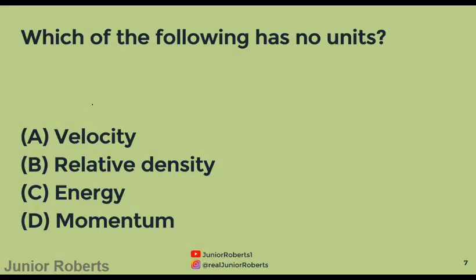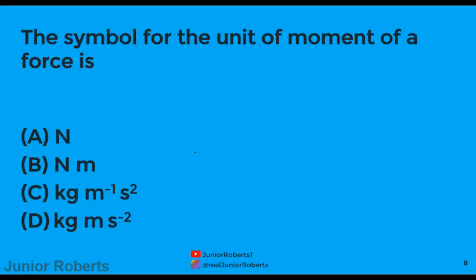Which of the following has no units? Now, we know that velocity has a unit, relative density, we're not sure about that, energy has a unit, and momentum has a unit. So therefore, our answer would be B. So this question here says, the symbol for the unit of moment of a force is, now remember that the moment of a force T is equal to the force multiplied by the perpendicular distance.